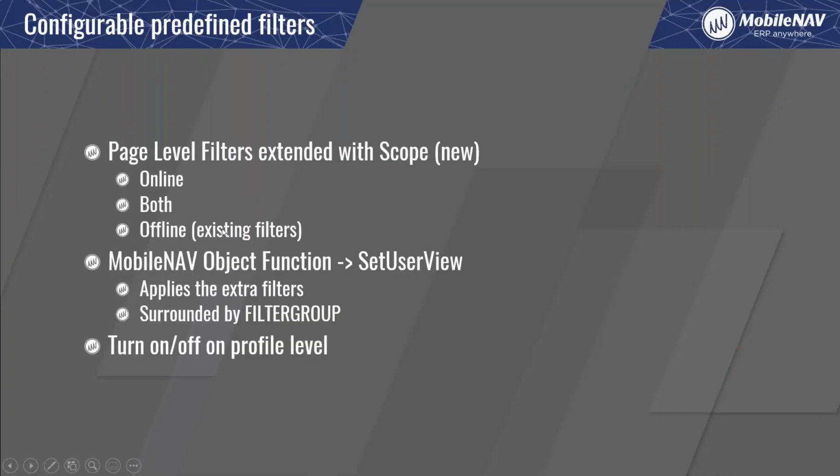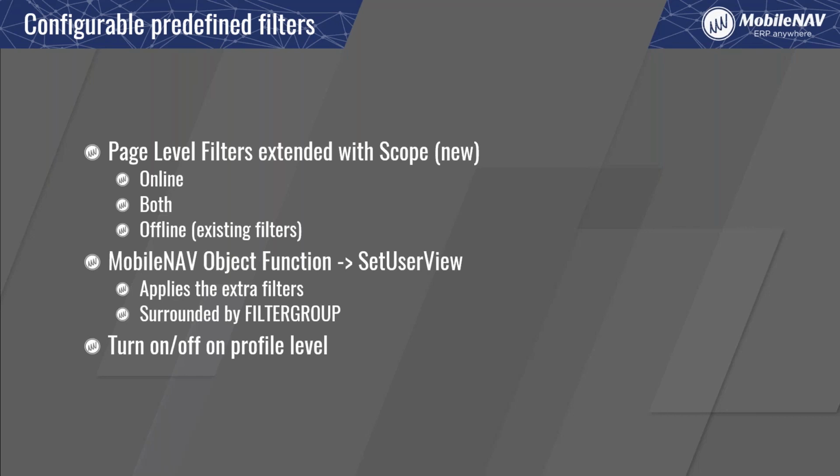The predefined filters have been implemented via extending the page level filters. The page level filters were already available for offline configuration, because the page level filter was an option for you to create a filter which can also be enforced if you are disconnected from the server.